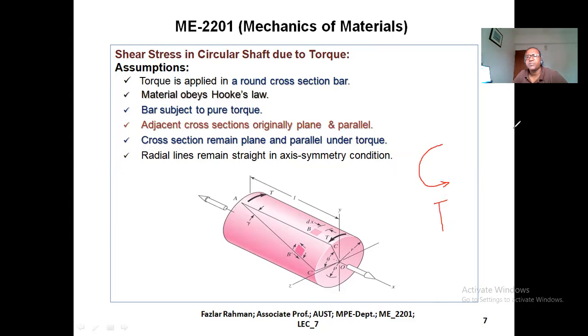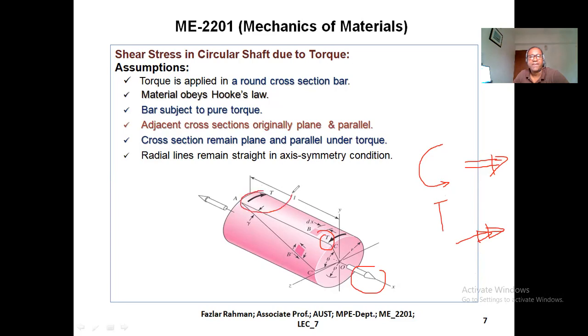This torque you can express by a double arrow or by a single arrow. Normally we express it by a double arrow, by the thumb rule, the right-hand rule.